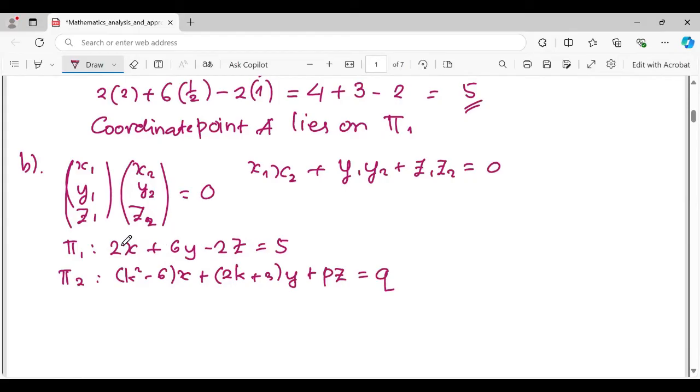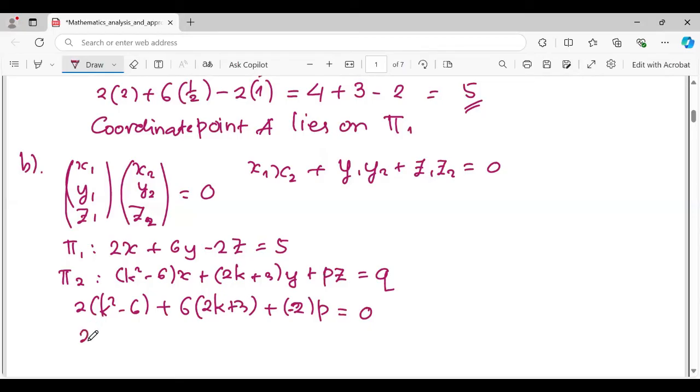And now we are going to multiply based on this rule. This is the x1, x2, y1, y2, z1, z2. So it's going to be 2 times (k squared minus 6) plus 6 times (2k plus 3) minus 2 times p equals 0.